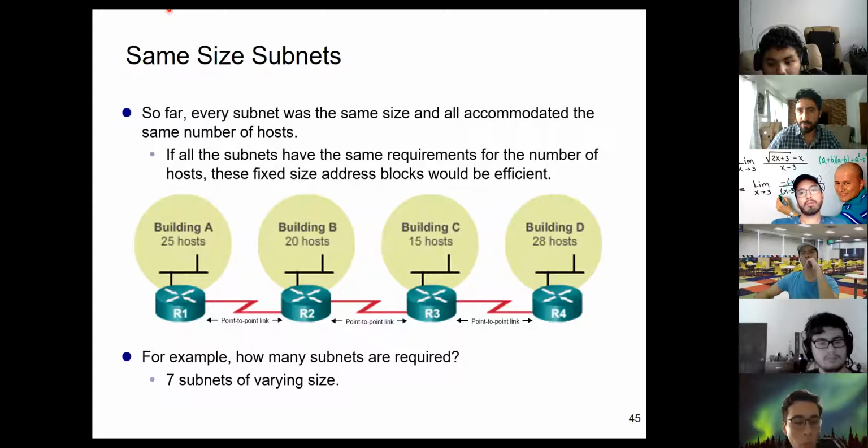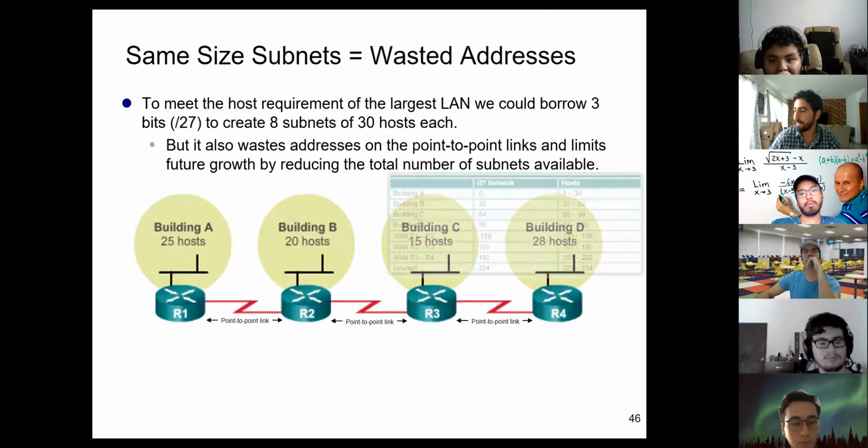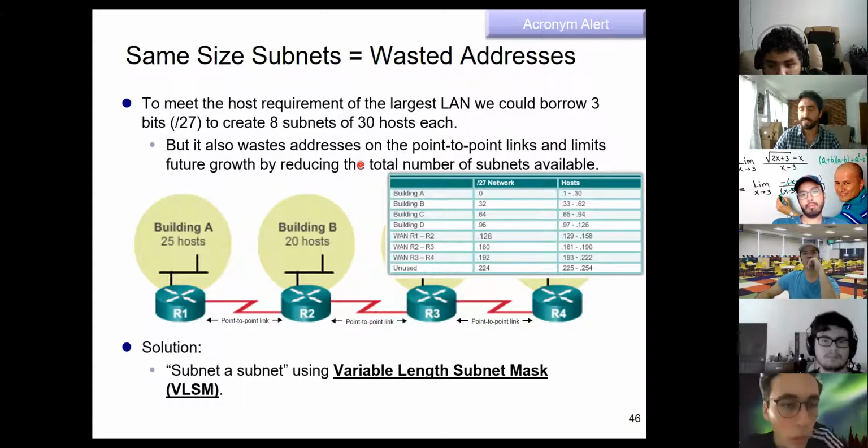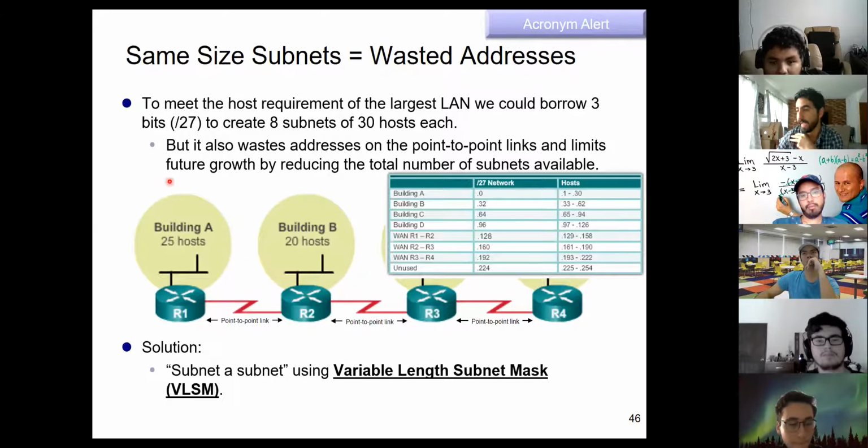But what we can do, let me see. So basically, you might do this. You might say, okay, building A, you're going to have this network, because you need 3 bits for your subnets because you want 8.